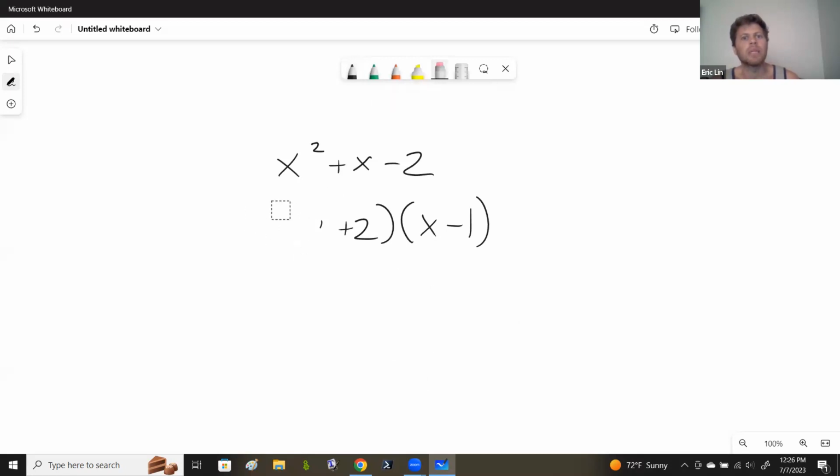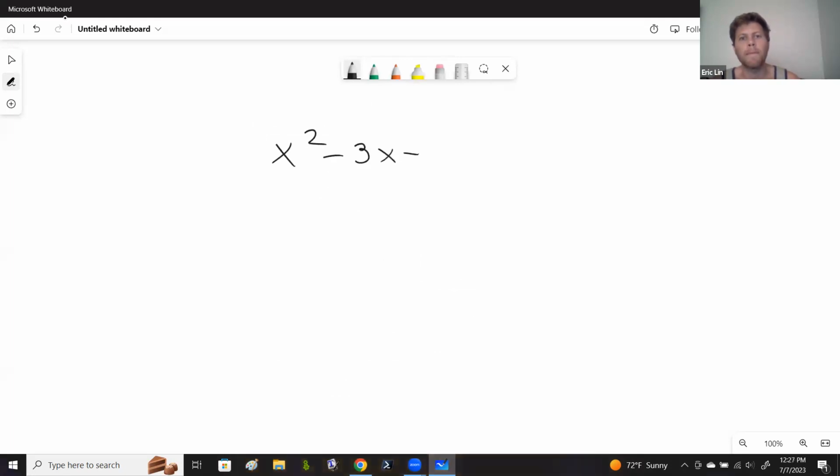All right, last of these sort of negative examples is, what if both are negative? Well, we know, because this last term is negative, that we have one negative and one positive number. So the two numbers we're looking for, we have one positive and one negative.